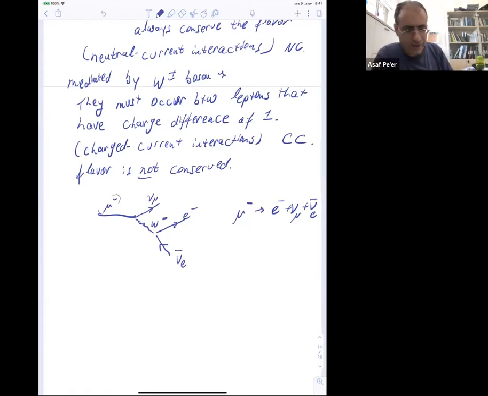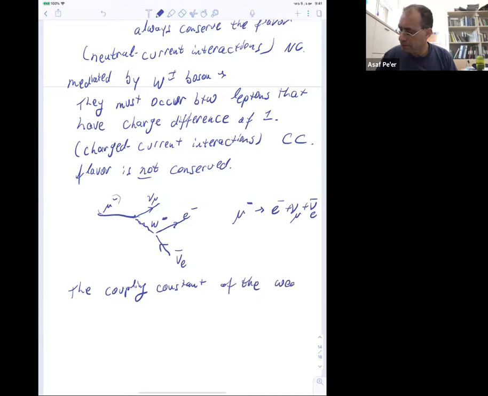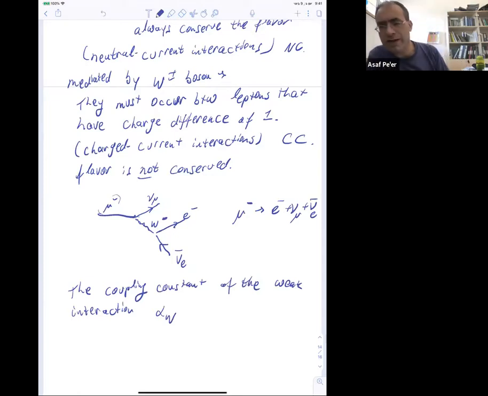Now, in fact, the intrinsic strength of the weak interaction, the coupling constant alpha weak, is in fact stronger than that of the electromagnetic interaction. It's about 4 times stronger. It's roughly 1/30.